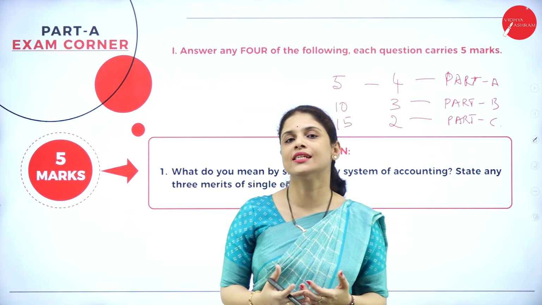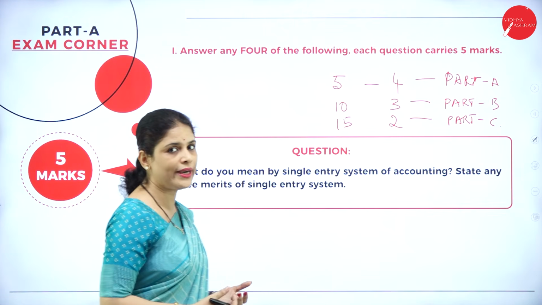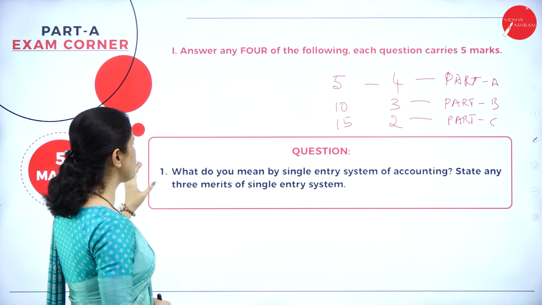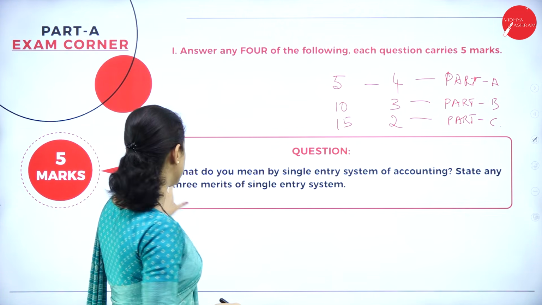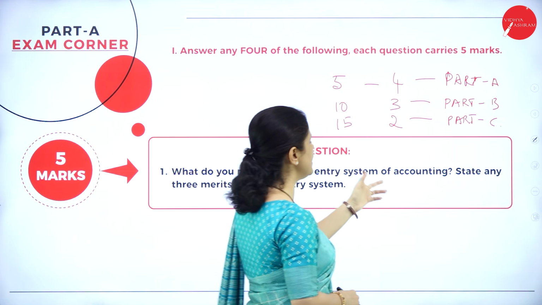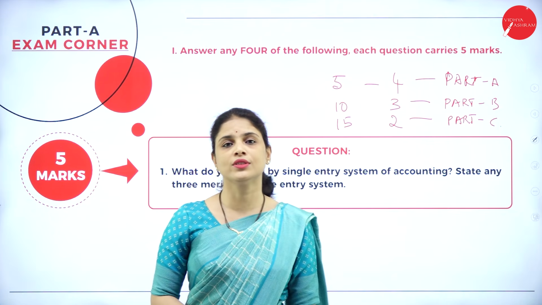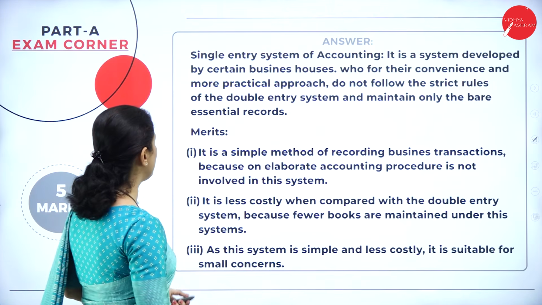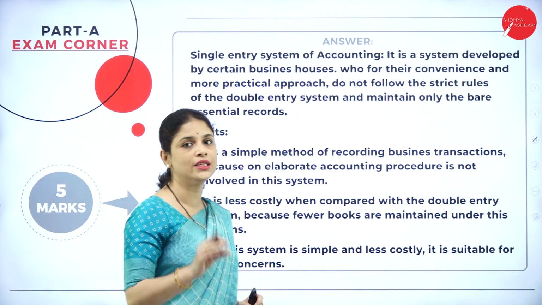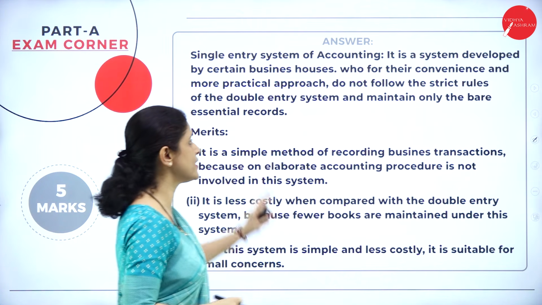Here I have listed some important questions. Let us see them one by one. First we will take the theory question: what do you mean by single entry system of accounting? State 3 merits of single entry system. This is the first question for 5 marks. Here you have to write the meaning of single entry system.